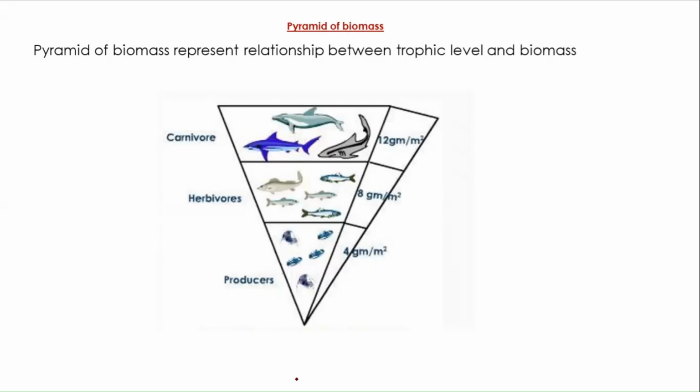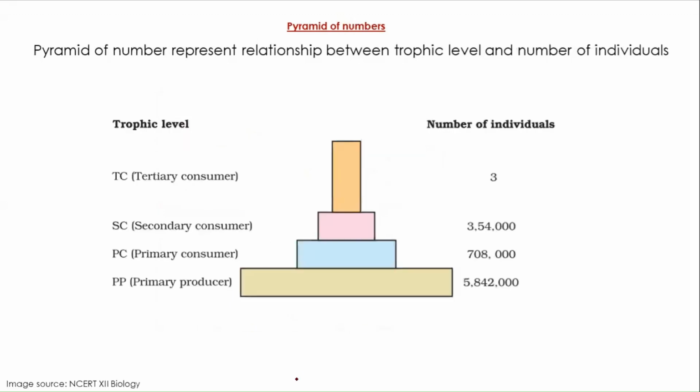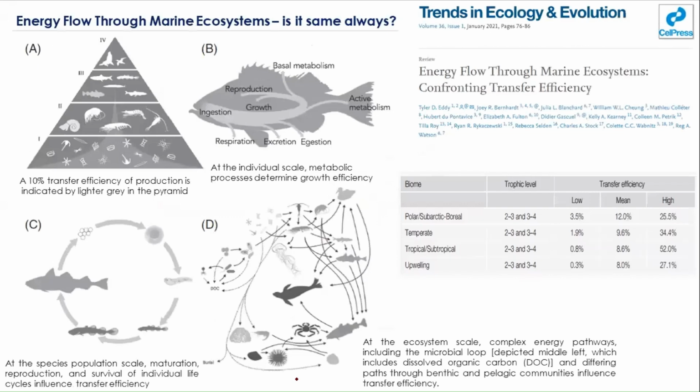So that's why it is inverted. And for the pyramid of numbers, the number of individuals will be high at the primary level because planktons are very small. So there will be millions of cells fed by the primary consumer, and then it will decrease at the tertiary consumer level, right?